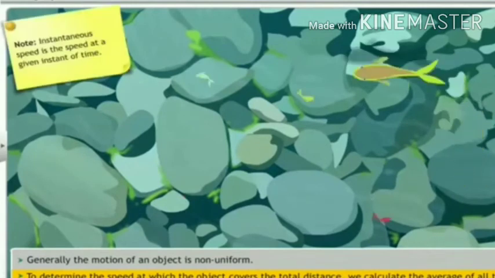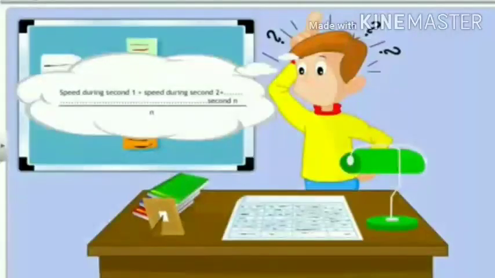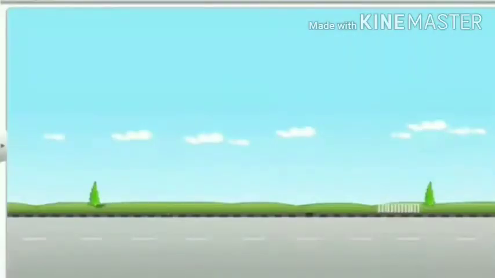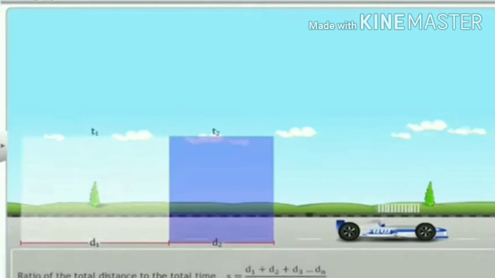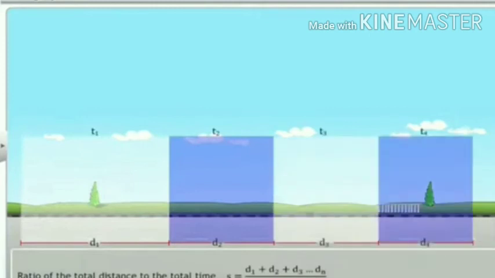Thus, the speed of a body gives us an idea of how slow or fast that body is moving. Here, you can see the speed and the velocity. In this scenario, you can see the trees and other things are steady, but the car is moving on the road. Its speed is slow.